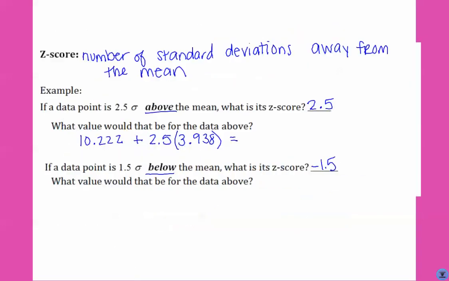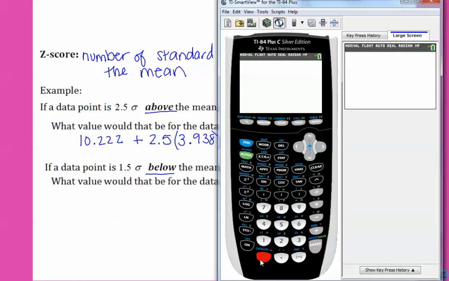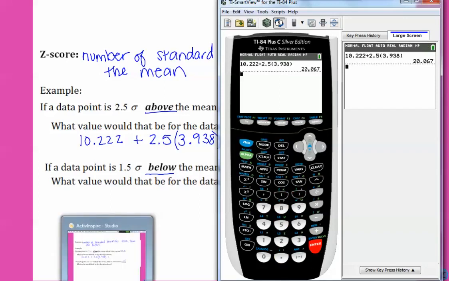Type that in your calculator. 10.222 plus 2.5 times 3.938. So for this set of data, it would be 20.067.